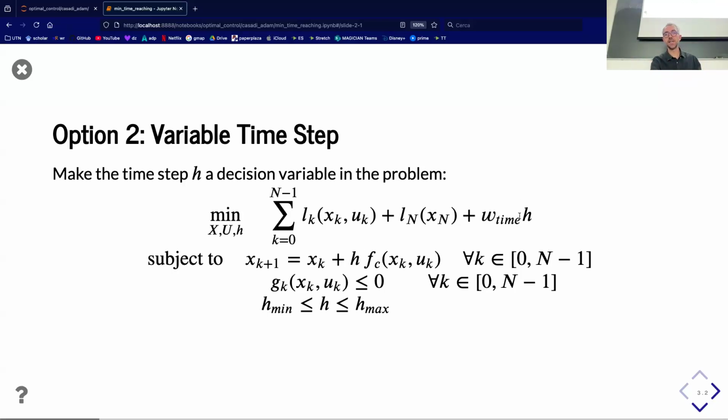And then if the value of h that the solver finds is too large for the accuracy you would like to achieve, what would you do? Suppose you set capital N to 100, you solve the problem, and the solution has a value of h which is too large, like 50 milliseconds. And we know that 50 milliseconds is too large because then the integrator is not accurate. What would you do then?